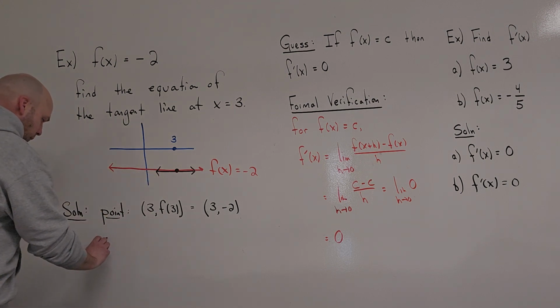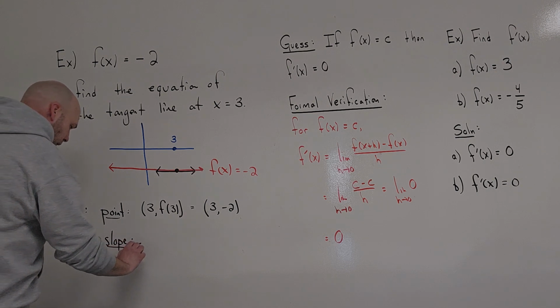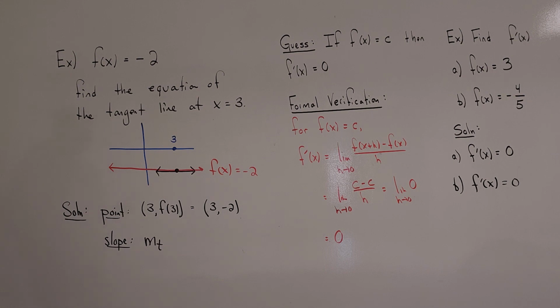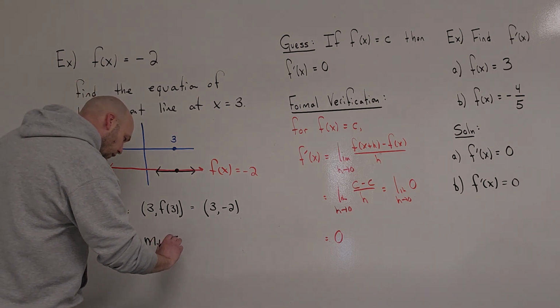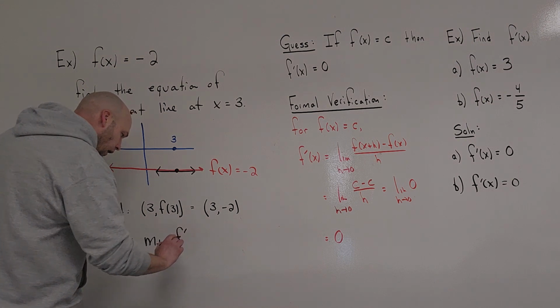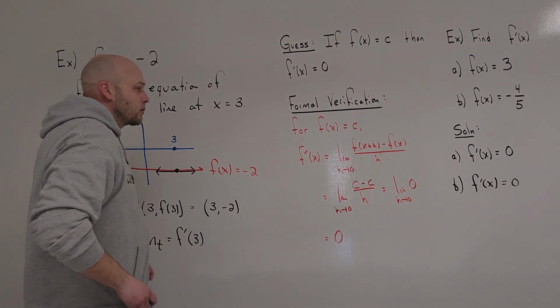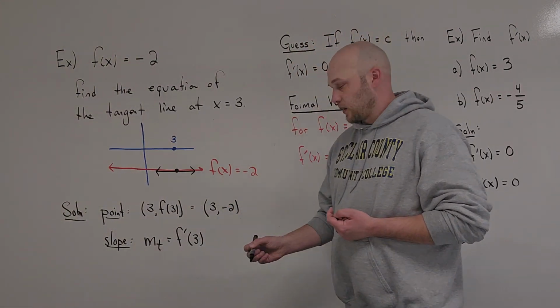Then let's look at the slope. I'll emphasize that it's a tangent line by putting m with the subscript t. The slope of the tangent line is given by the derivative of the function f evaluated at the point 3. So it's the derivative of the function evaluated at this particular x value.